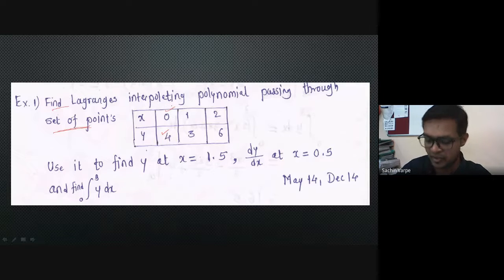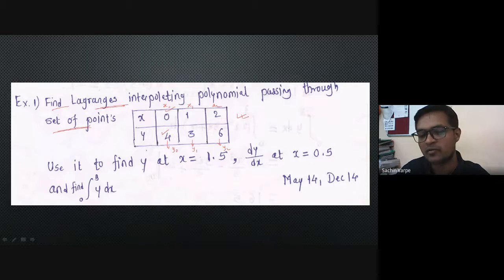So if we start from x equal to 0, that is x naught, then this is x naught, this is x1 and this is x2, and this is y naught corresponding to x naught, this is y1 and this is y2. So the points are x naught, y naught, x1, y1 and x2, y2. For these three points, we have been asked to find the Lagrange's interpolating polynomial. Okay? And use that polynomial to find the value of y at x equal to 1.5. And hence find the derivative also, dy by dx at x equal to 0.5. And even integration also. Okay?